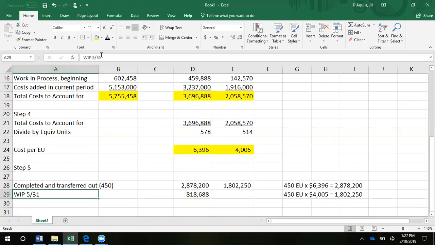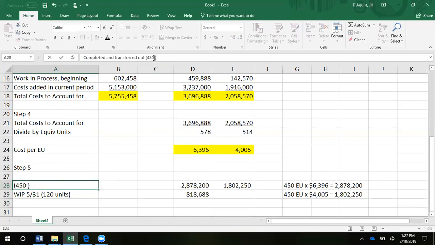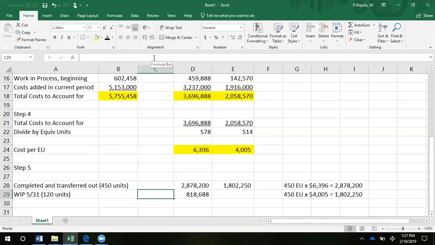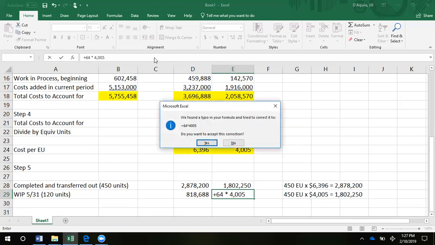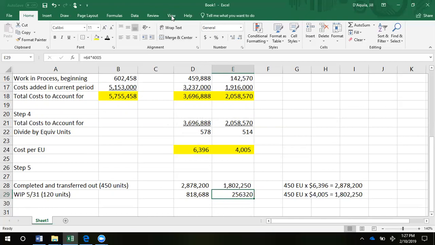And again, that's for 128 equivalent units. Let me put down units so you know what I'm referring to. And this one was for 450 units. Right over here, I will take 64 equivalent units. I will multiply it by the same $4,005 to get $256,320.